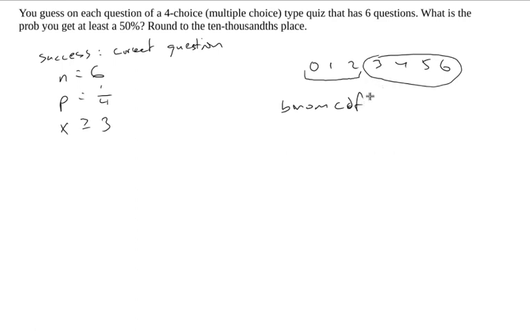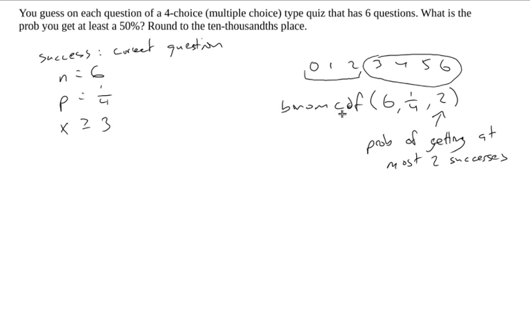The BinomialCDF says, well, it's still going to be n, p, and x. So it's still going to be 6, 1/4, and then some number of successes. But this right here, this 2, is saying this is the probability of getting at most 2 successes.